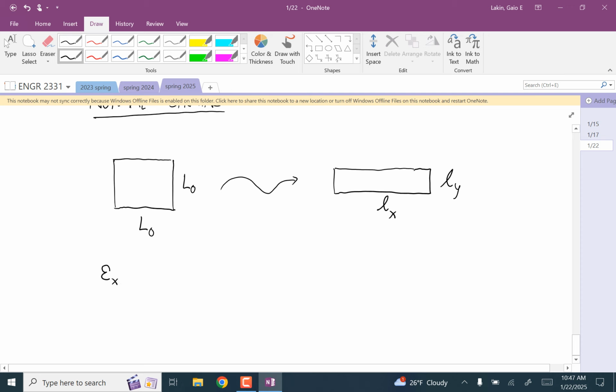And my XX normal strain, you can just think of that as the normal strain in the x direction, is equal to Lx minus the original length, so that's the change, divided by the original length. And you can see from that definition that this is unitless.